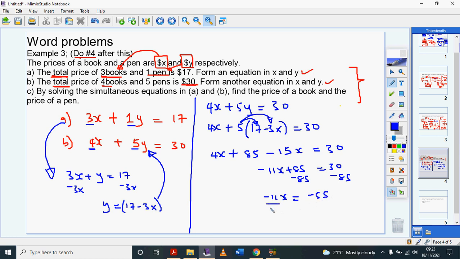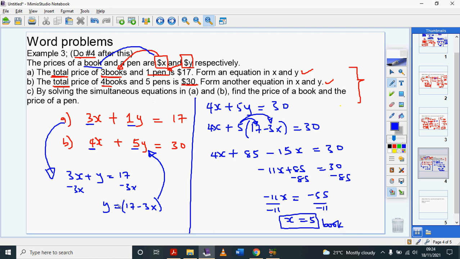So I can divide by negative 11 on both sides, and I end up with x as $5, because remember, you're solving for the price. The price of a book, x was book. Since book is x, the price of a book is $5.